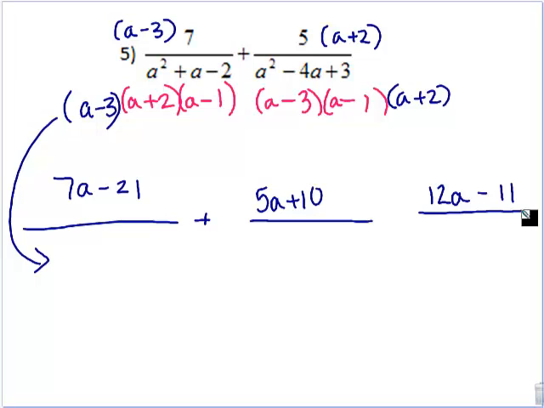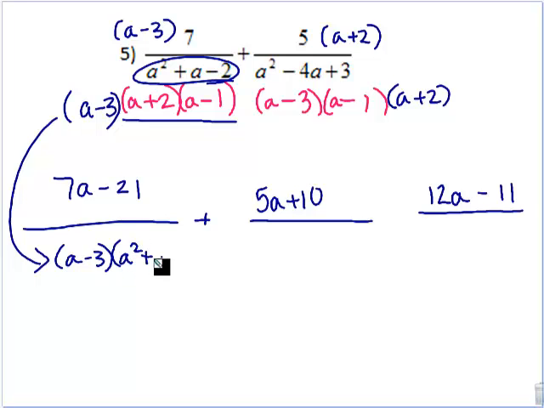So when we simplify the three binomials, we would start by FOILing two of them. Well, look, if I FOIL a plus 2 times a minus 1, I just get a squared plus a minus 2 back, right? So let's just take a minus 3 times a squared plus a minus 2 and figure out what this is. So first distribute your a to each of the terms. So what do we get when we distribute a to each of the terms?